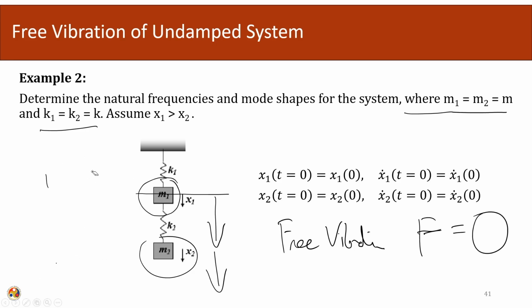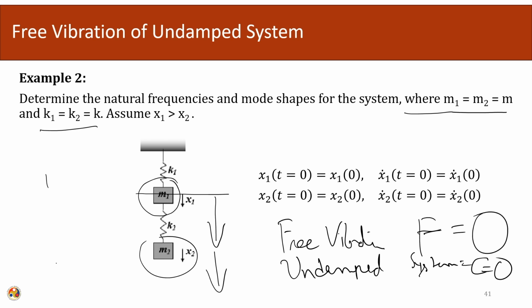So, this becomes a case of an undamped system, C equals 0. So, we have established that this is a 2 degree of freedom system. The motions are the vertical translational motion at m1 and the vertical translational motion at m2, at the 2 masses. The forcing function is 0 and this is an undamped system.